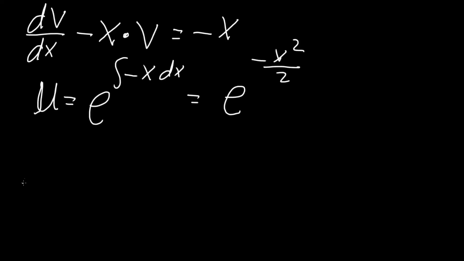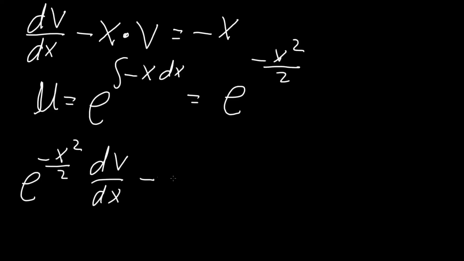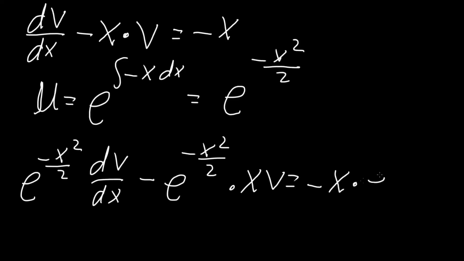So we would get e raised to negative x squared divided by 2 dv dx. So this times this, minus e raised to negative x squared divided by 2 times xv is equal to negative x times e raised to negative x squared divided by 2, like this.